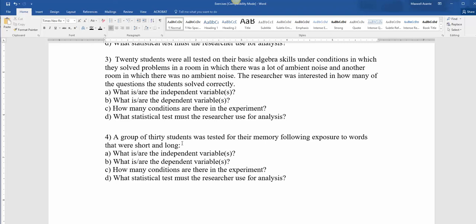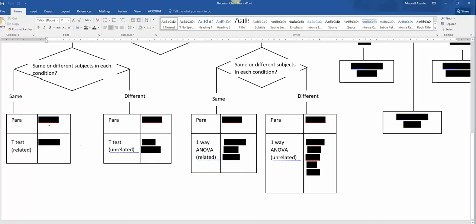So for this experiment, what we are looking at, if we go back briefly to the chart, is we have the same group of individuals. There are two conditions, I should say. And because of that, the test that has to be used is the t-test for related samples.